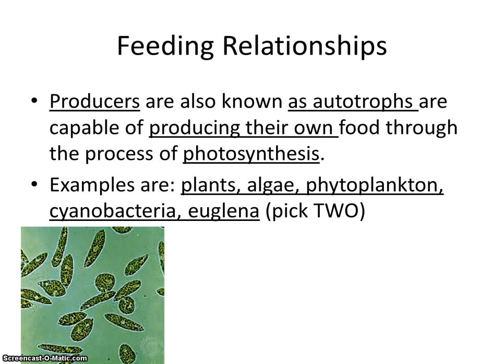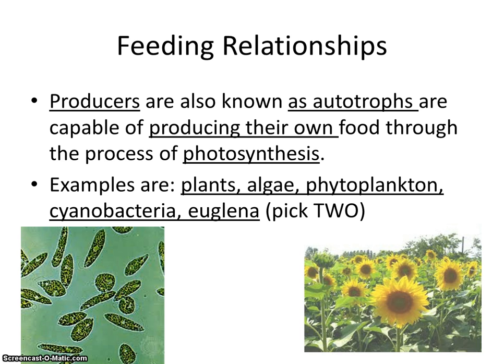So there we have some euglena and plants, of course. So to be a producer, you have to be able to produce your own food. And if you'll notice in parentheses, you only need to pick 2 of those examples. You do not need to write all 5 of them.